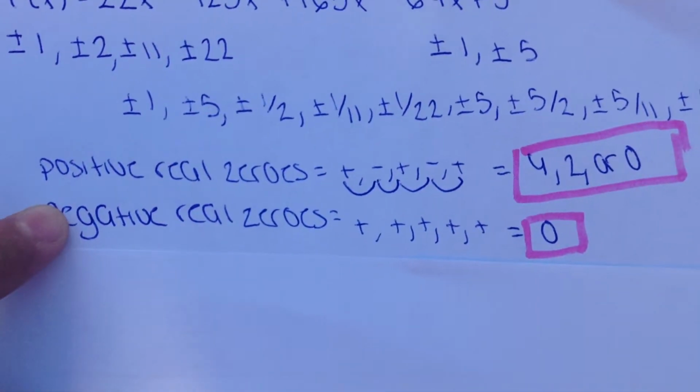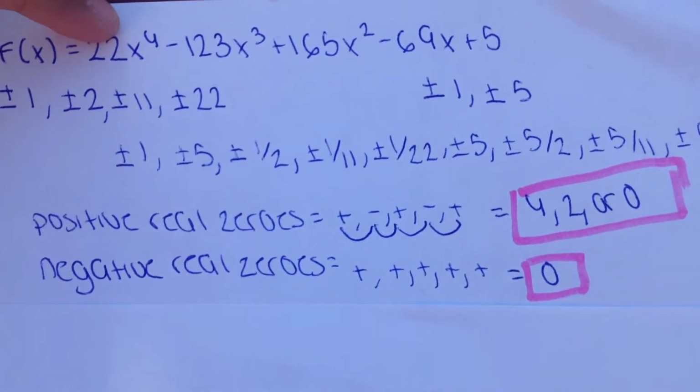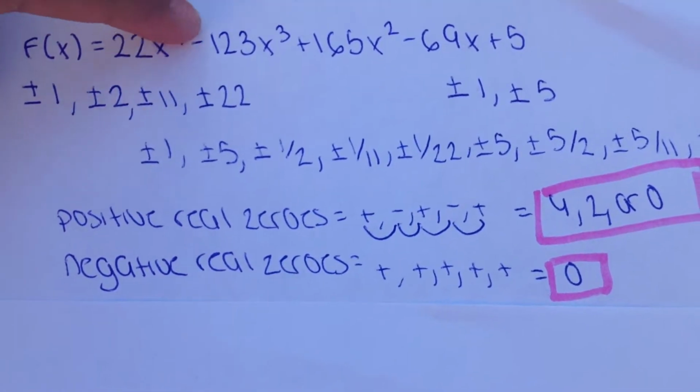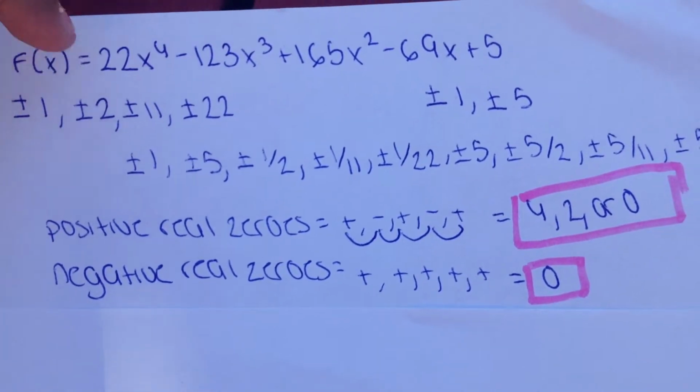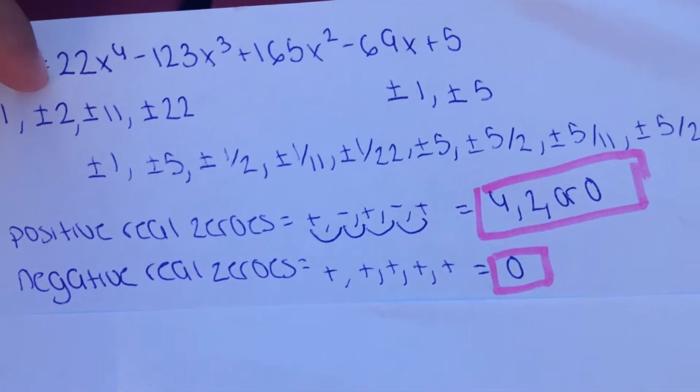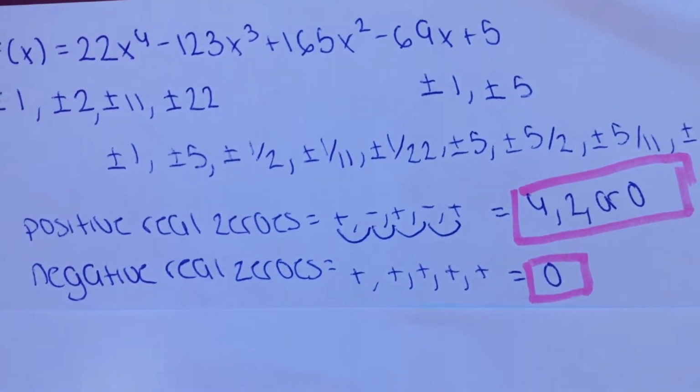For our negative real zeros, we do the exact same thing, except if it has an even exponent, we keep the sign the same and don't flip it, and if it's odd, we do flip the sign.